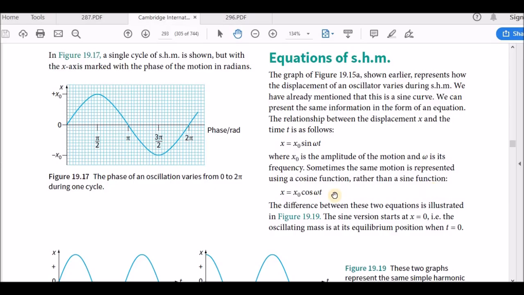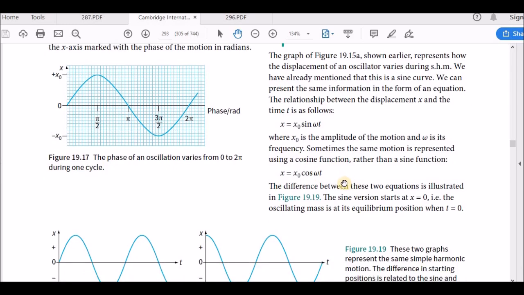Oh, sorry, you can leave it like this. This is correct, because I thought this is for the velocity, but once you differentiate this, you will get x0 omega cosine omega t.